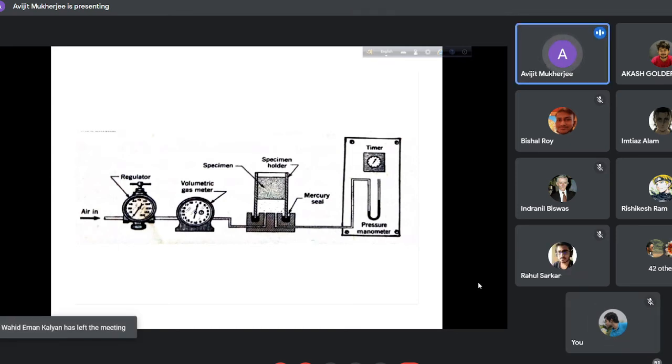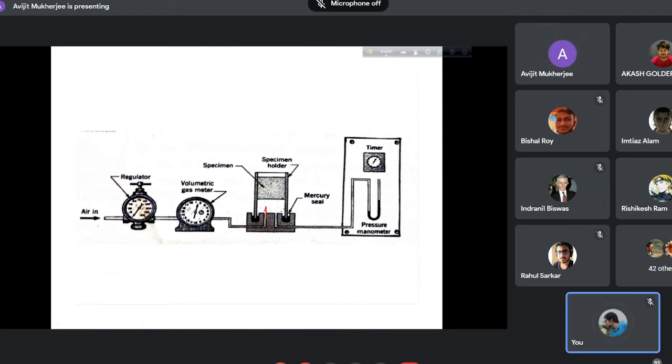Mercury seal, I said it here. Say I have mentioned the air is entering here, and it is passing through this passage. If it is very open space, then majority of the air will come to this side, and the rest amount will enter in this port.